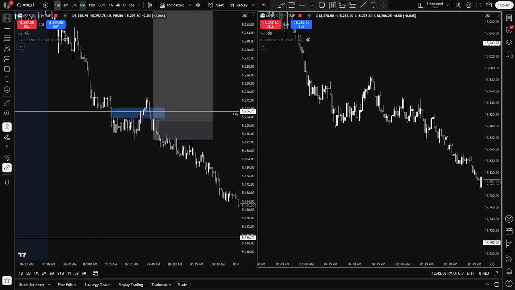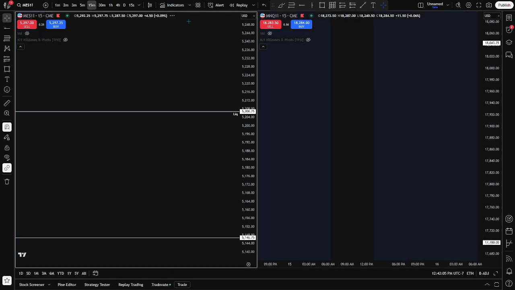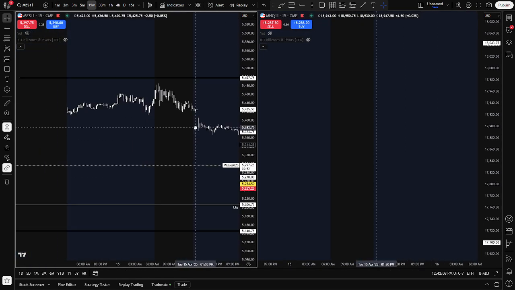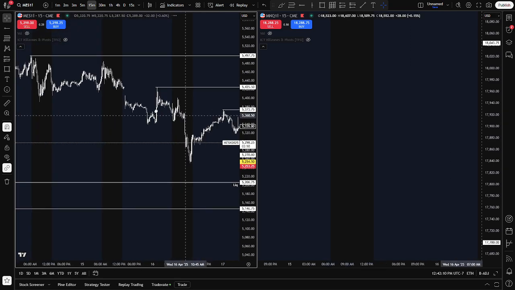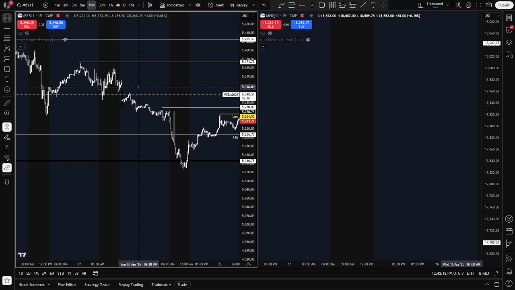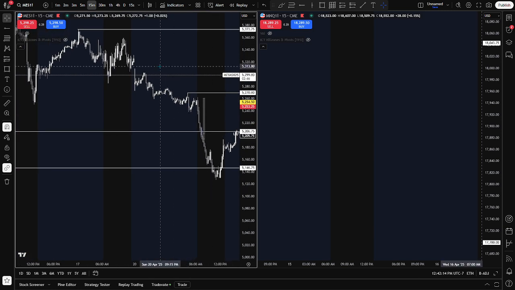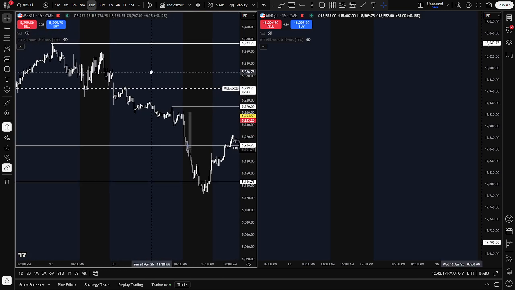In the future we just need to look at what kind of model we're in, because we are obviously in a sell model, but I was too in my head about what I wanted to see price do versus what it was actually doing.